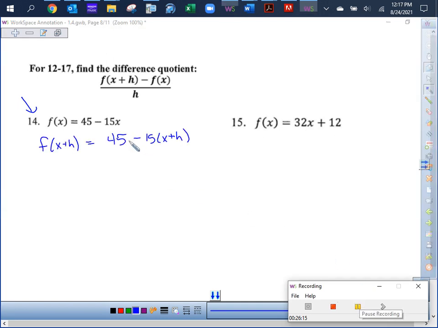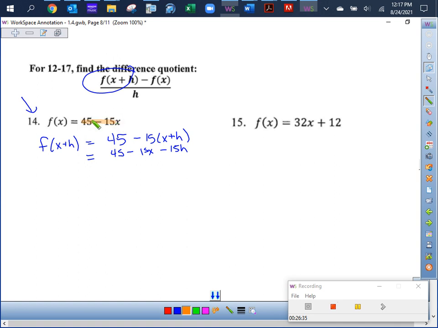So I got it all subbed in. I'm going to clean up. 45 minus 15x, minus 15h. Let's take away f of x. So f of x is right here, 45 minus 15x.